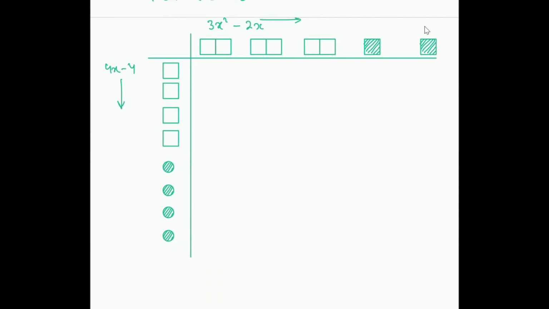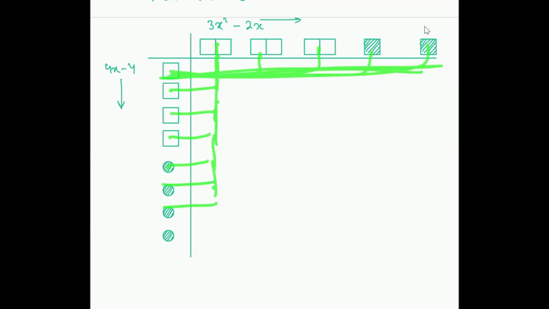So now what do we do? We multiply correspondingly all the elements. Multiplication is nothing, we just add up the boxes. So 1 box and 2 boxes, how many boxes? 3 boxes, right? Similarly here. So we multiply each element with everything. So this will correspond to this one row, and similarly we do with this, and this.